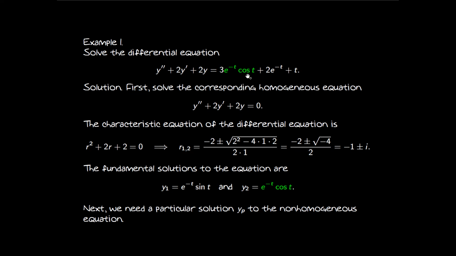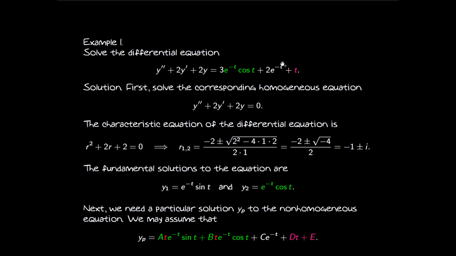So to address this, we understand we usually have to give an extra t, right? By the way, when you have cosine or sine, your proposal has to contain both of them. So you're going to say the extra t here applied to both of the e to the negative t sine t and the e to the negative t cosine t.